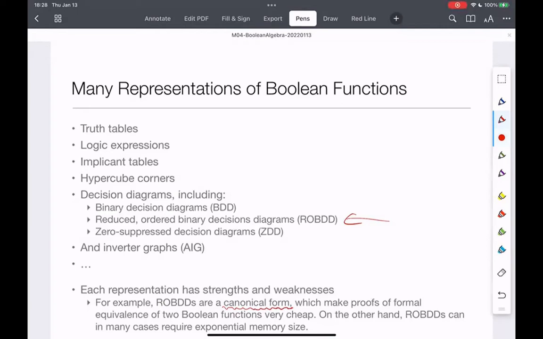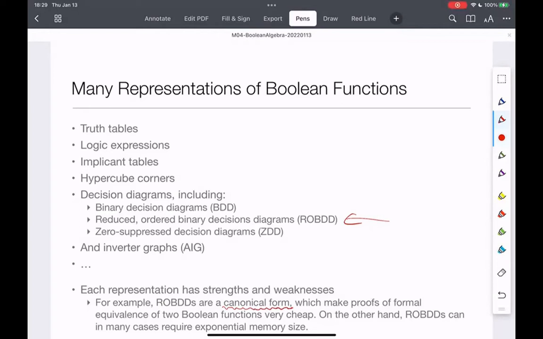What it says is if I give you two functions, they may be written differently, but they're really the same function. In ordinary algebra, for example, a plus b plus 2b is really the same function as a plus 3b, right? As long as they are mathematically equivalent, in our case meaning that for the same input they have the same output, then representations which guarantee that whichever form you give, they're going to have the same representation are called canonical representations.